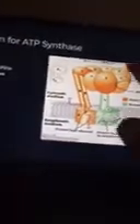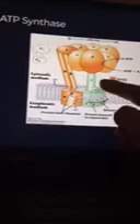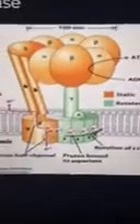So basically this is just a basic understanding of what the F1 process is here. So it would be this alpha, beta, gamma, and then the delta, as well as the sigma right here.